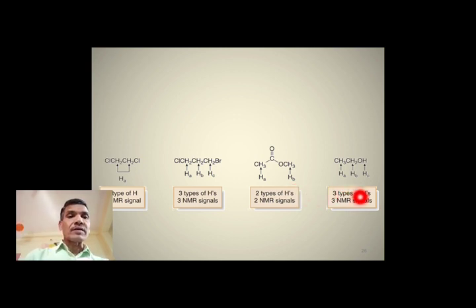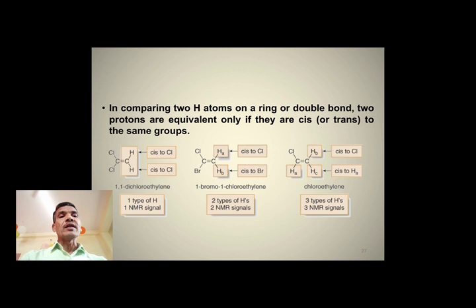Let us see this example of ethanol. In ethanol, 6 hydrogen atoms are there. This one hydrogen atom, these 2 hydrogen atoms, and these 3 hydrogen atoms, denoted by Ha, Hb, and Hc. As 3 different kinds of protons are there in ethanol, ethanol shows 3 signals in NMR spectrum.